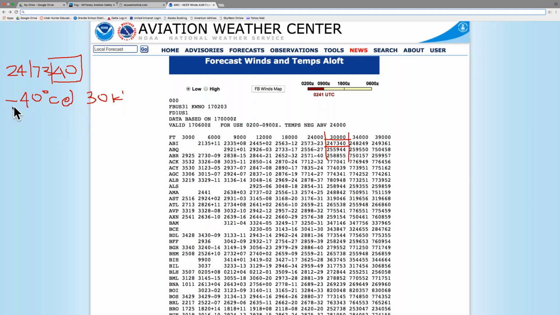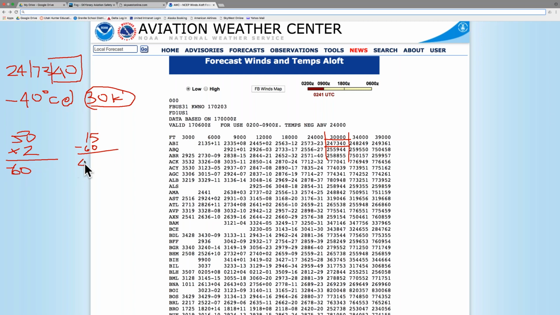To figure out our ISA deviation, we first need to figure out what ISA is at 30,000 feet. So 30 times 2 equals 60. We assume that's negative, so we go 15 minus 60.